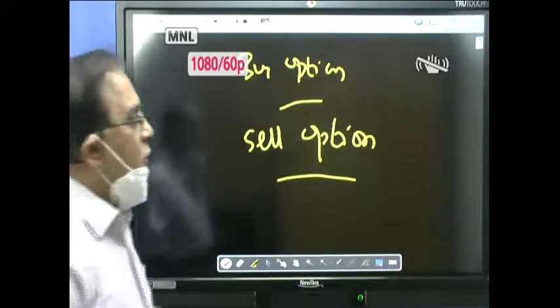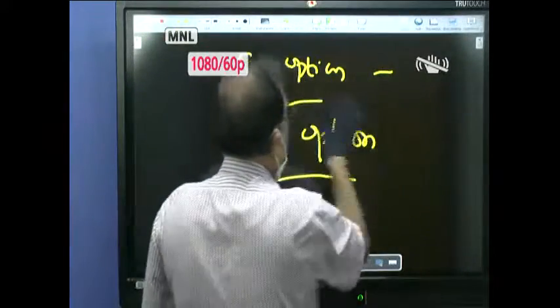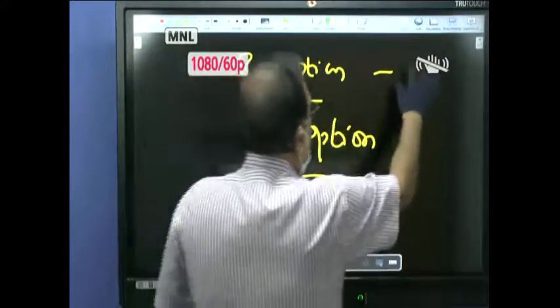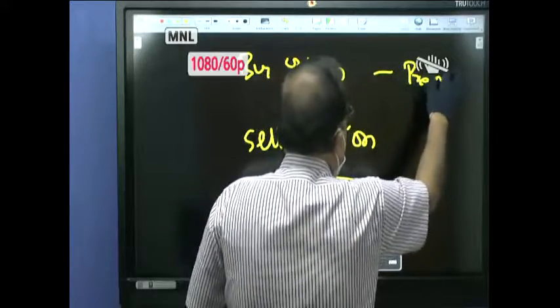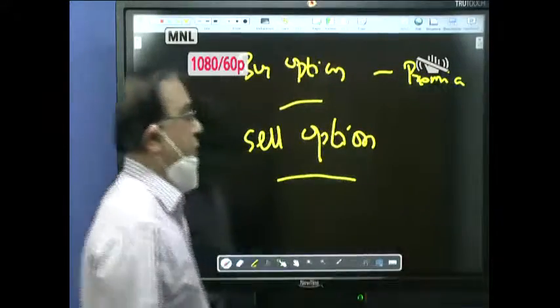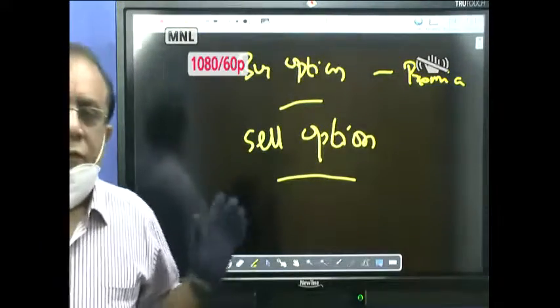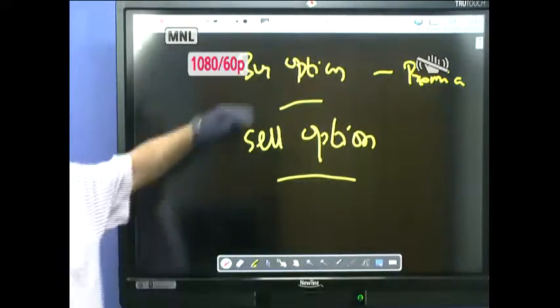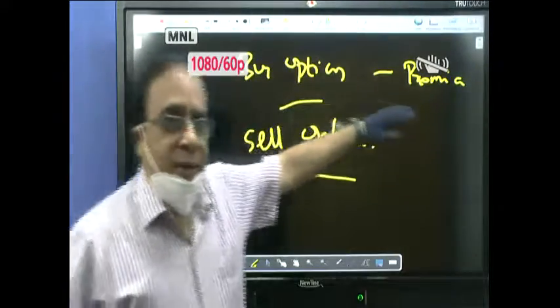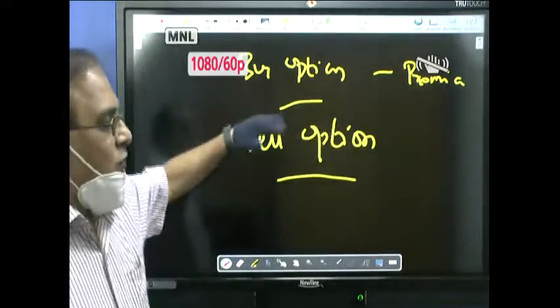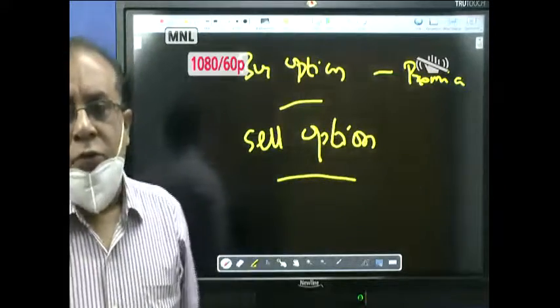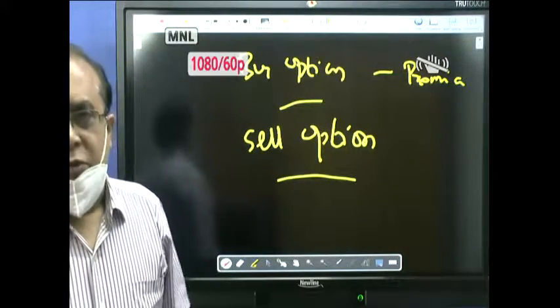If you only buy an option, you just pay the premium. If you only sell an option, you need to put in a margin which is almost similar to the futures margin.